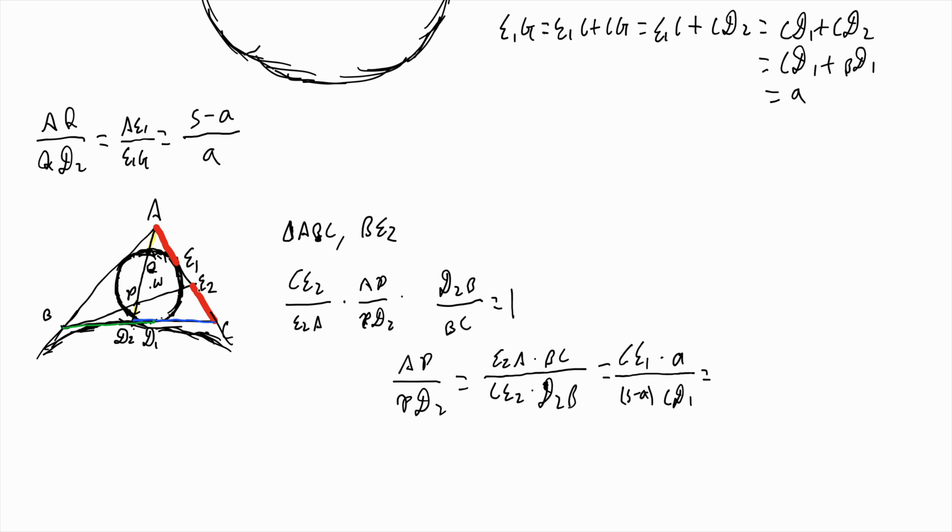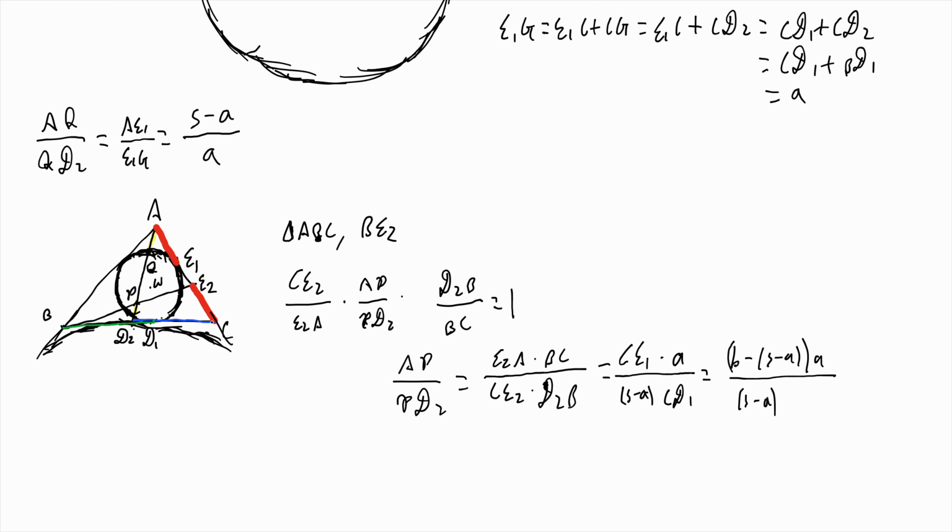C E sub 1 is B minus A E sub 1, and that is S minus A. And what do we have here is S minus A times.